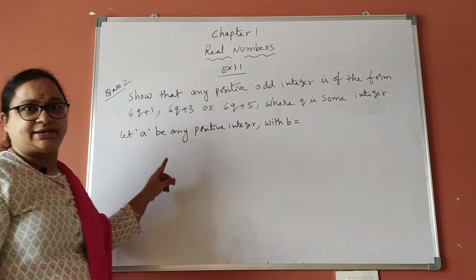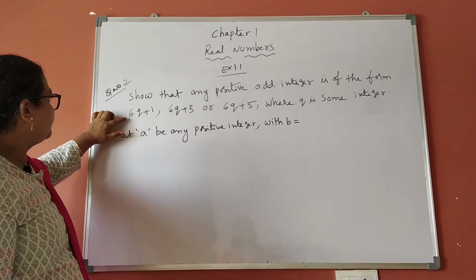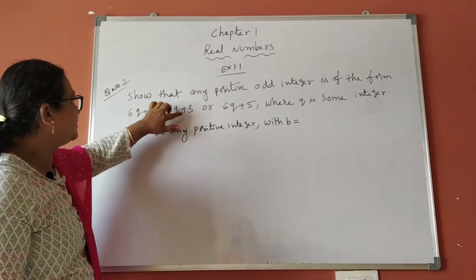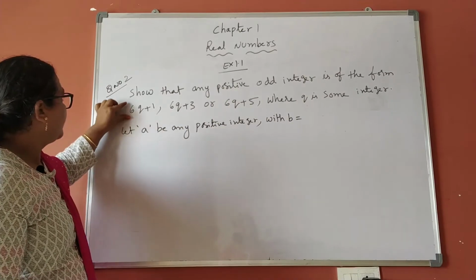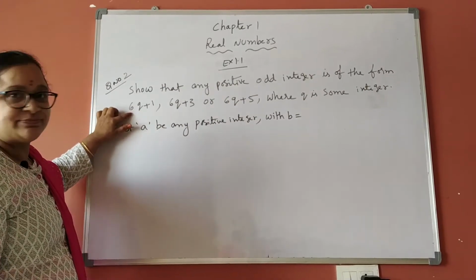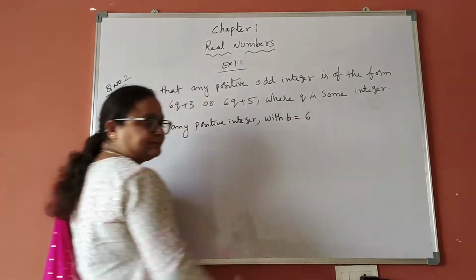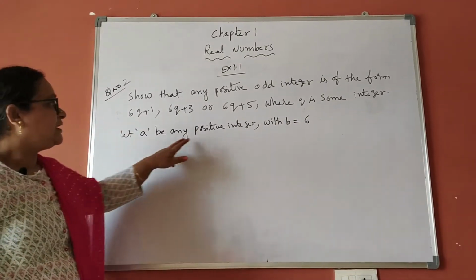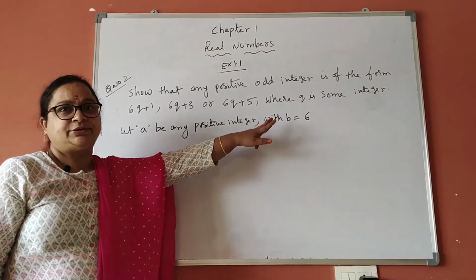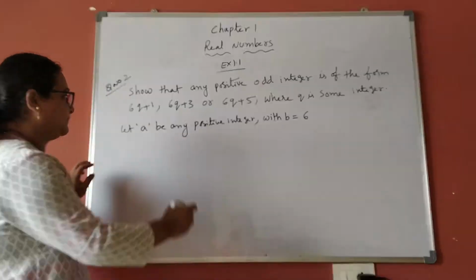Here we have to decide b based on the question. If you see 6q plus 1, 6q plus 3, 6q plus 5, what is b here? 6. So let a be any positive integer with b equal to 6.